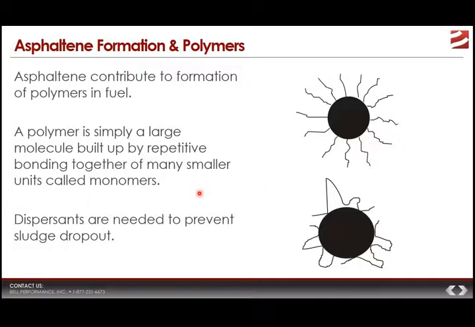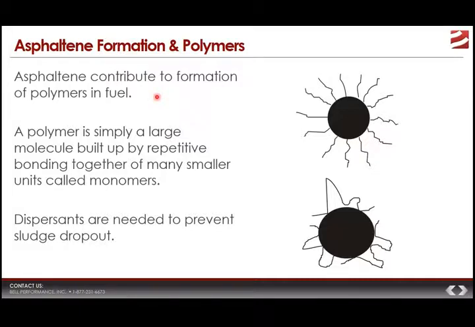As such, if you want to prevent asphaltenes from forming polymers and from forming large sludge molecules, what would you do? Well, you would use something like a dispersant. Now, a dispersant is a class of substance that, if you add it to fuel, is going to come between the asphaltene molecules, and it's going to prevent them from sticking together.